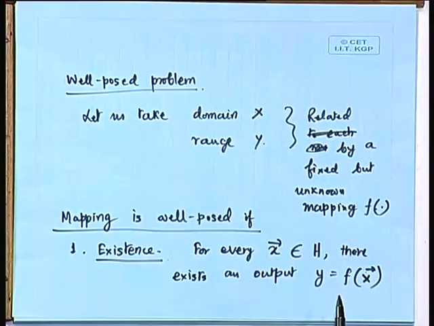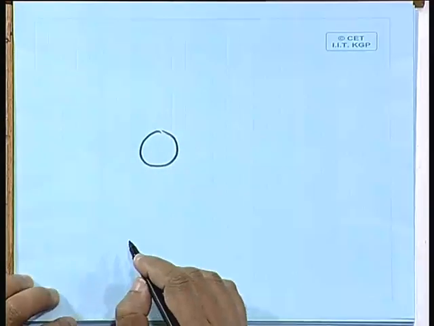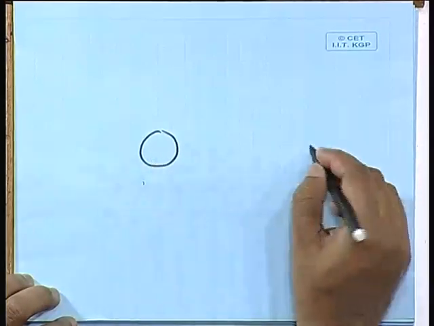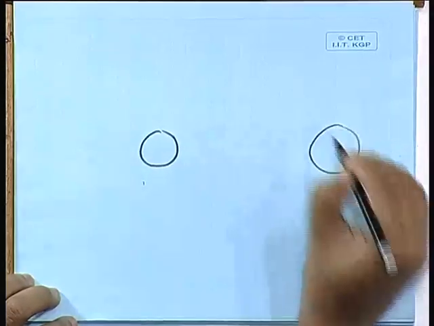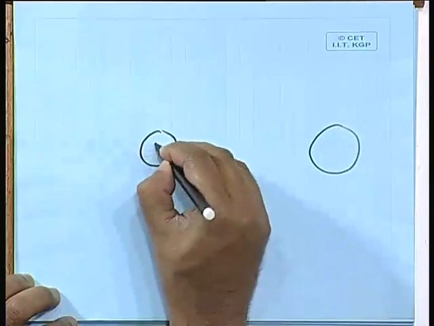So, there is an existence of direct mapping, that you pick up any point. We can depict it using a small illustrative diagram. Let us say that this is our input set, the domain set, and supposing this is the output set, okay. So, we pick up any x.